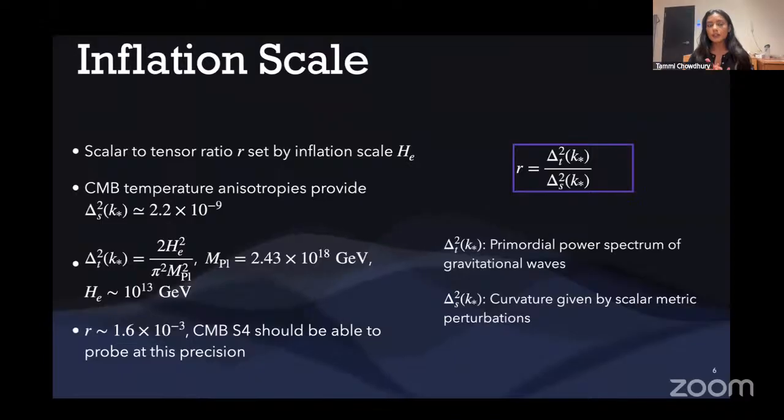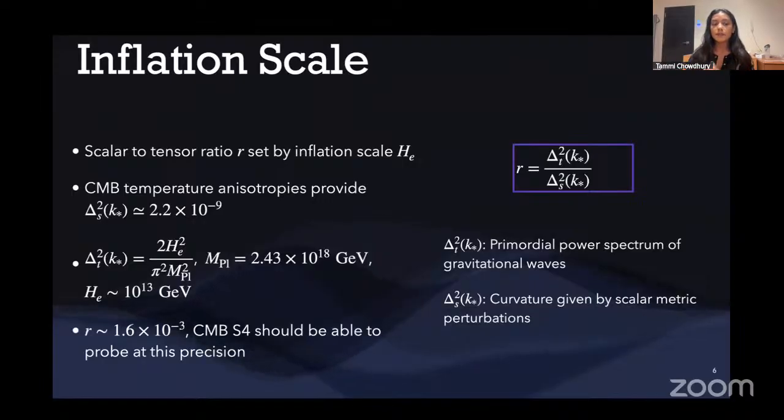The CMB temperature anisotropies provide a value for the scalar perturbations of order 10 to the minus 9. And then the tensor perturbations are set by this inflation scale h sub e.